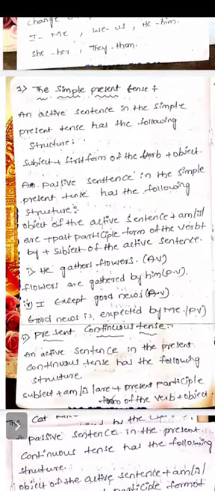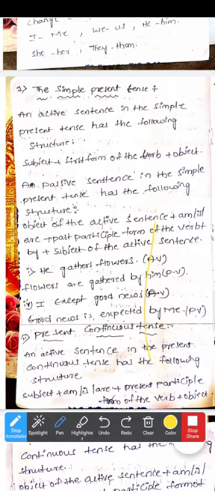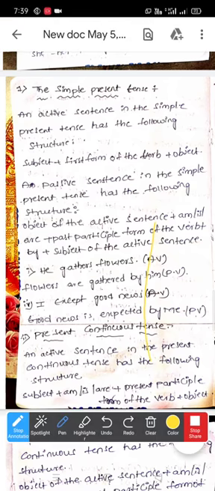Next, we are entering the sentences. First, the simple present tense.